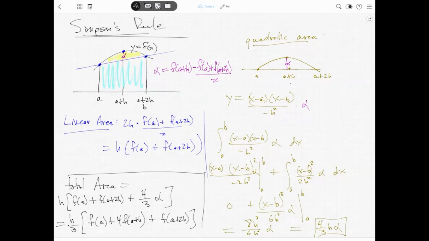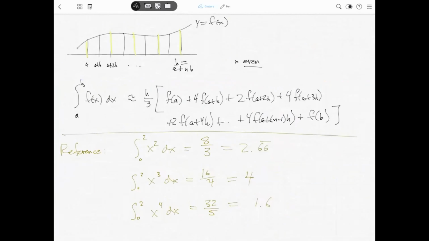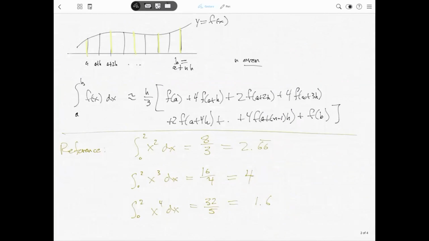Okay, so now I'm going to take this formula here, and I'm going to apply it to a numerical integration method. So the problem is we want to find the area under this curve, where y equals f of x.